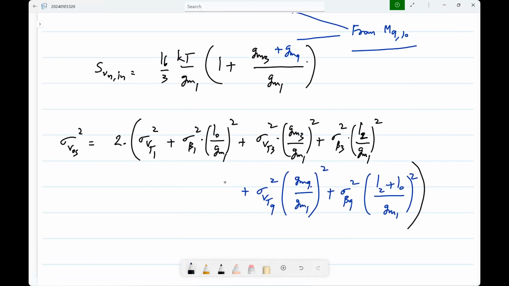Now again, because these transistors are bigger and carry more current, GM9 is likely to be larger than GM1. So this contribution will be quite significant, and so will this. So you have extra noise and mismatch because of the cascode biasing devices.